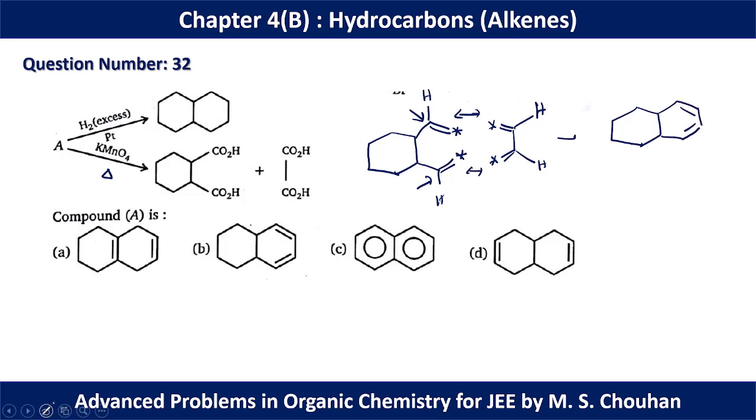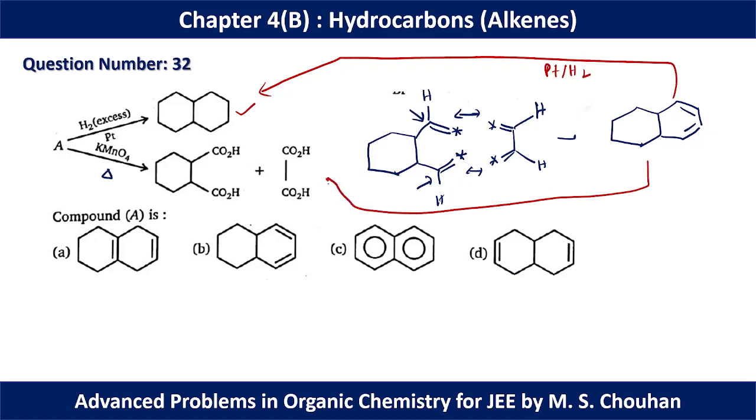And if you compare that, after the platinum hydrogenation reaction we can form this obviously, and after hot KMnO4 oxidation, we can form this. That's why for question number 32 option B is the correct option.